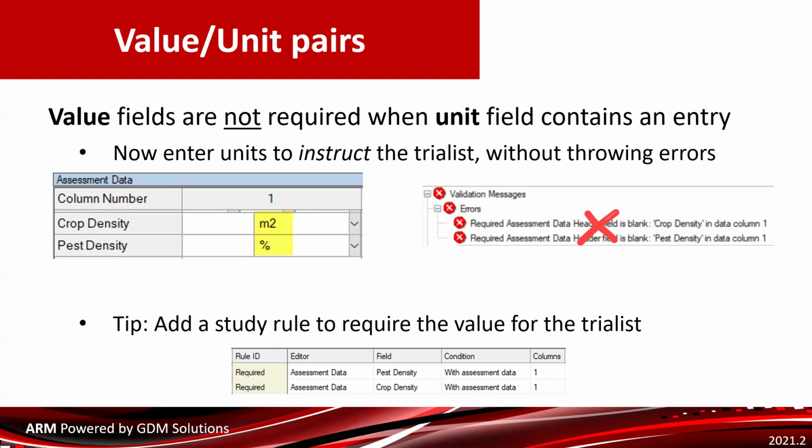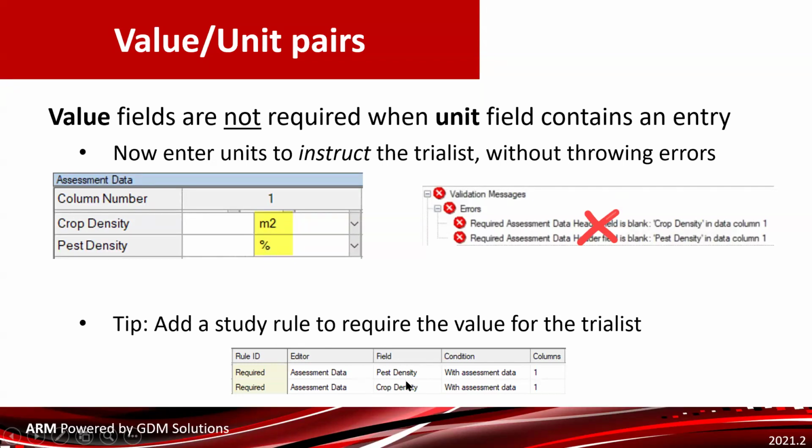So the byproduct of that, and why I really want to point that out, is if you do fill something in here, then you put in a study rule to require those values. Because when you create the trial, it's not going to have those validation errors. We've kind of removed them because it was more harmful, and we want that ability to instruct.